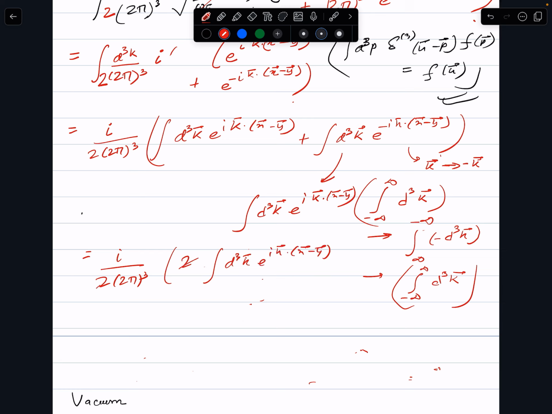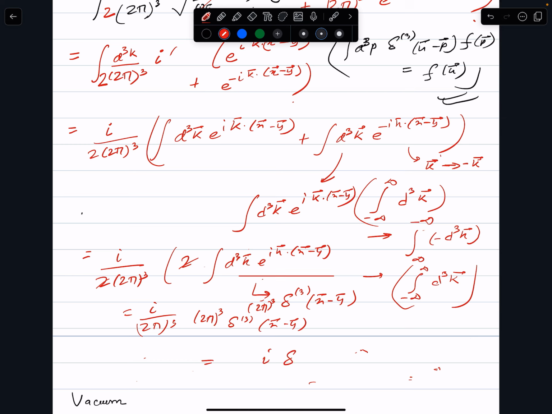The 2 and 2 cancel. I have 1 over (2 pi)^3 times this integral, which we did in our first lecture. We said this is nothing but the delta function with the (2 pi)^3 factor. So we have (2 pi)^3 and the delta of x minus y, and so after all the smoke is cleared, we get the answer we were looking for.